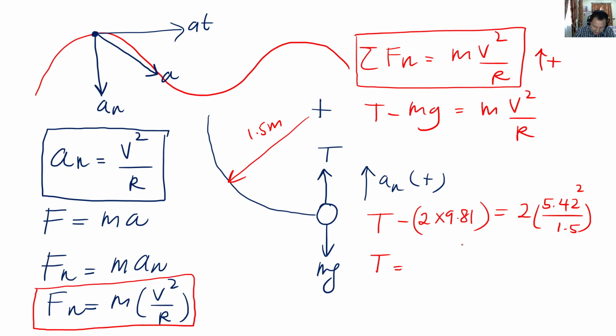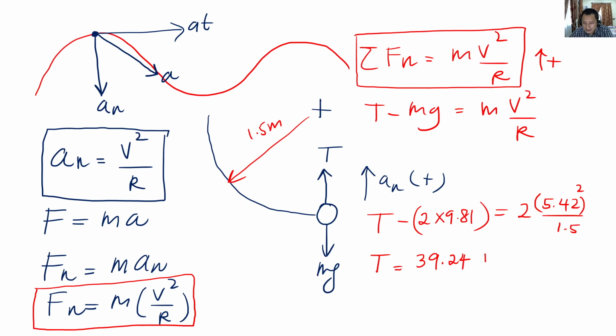Okay, let's calculate. Radius is not squared, v only is squared. 5.42 squared divided by 1.5 times 2, you're going to get 39.24.